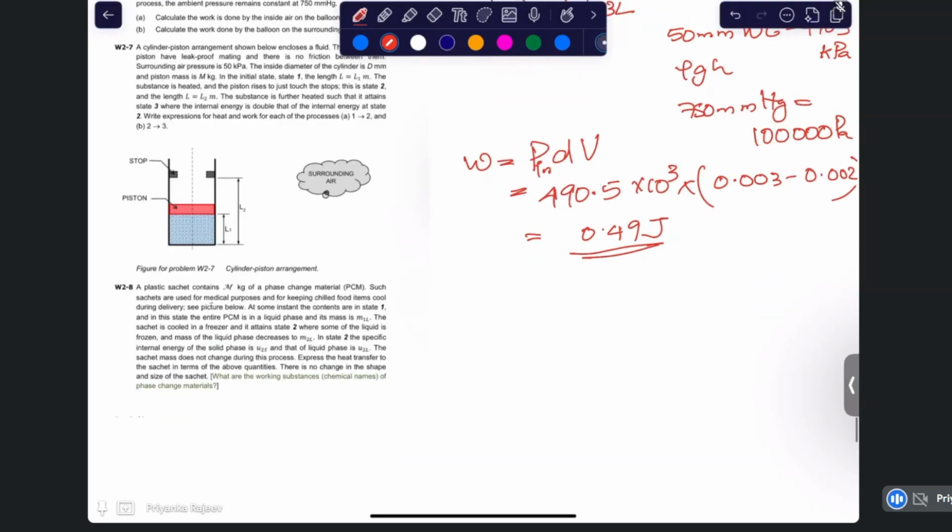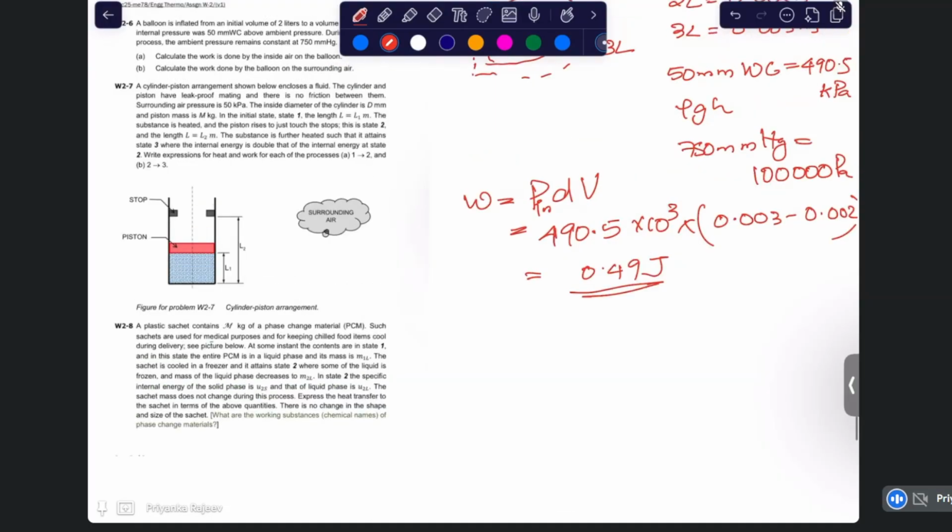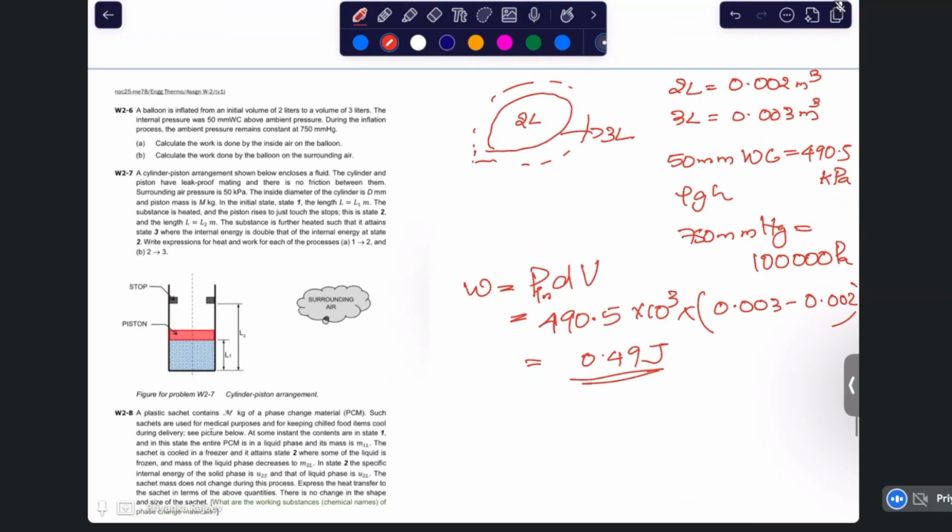Now, work done by balloon on surrounding air. So what is happening? Balloon membrane is pushing the ambient air around, and then it is expanding, right? So that expansion is happening against ambient pressure, atmospheric pressure. Atmospheric pressure is trying to compress it, but this is expanding.